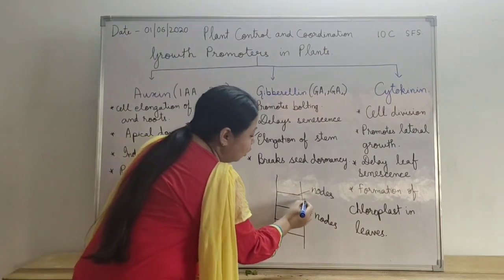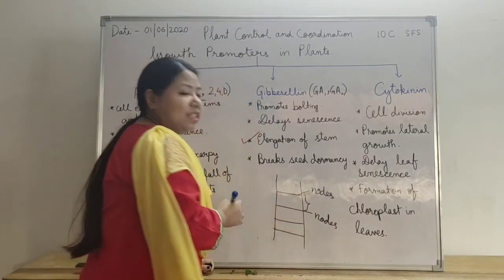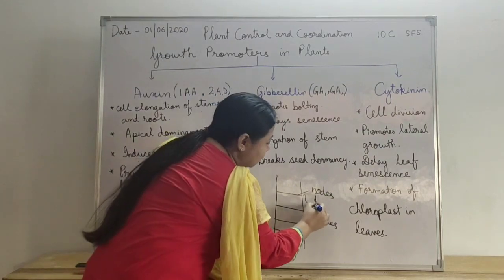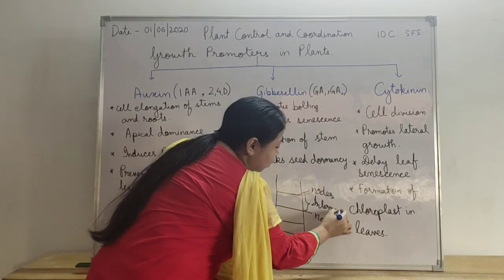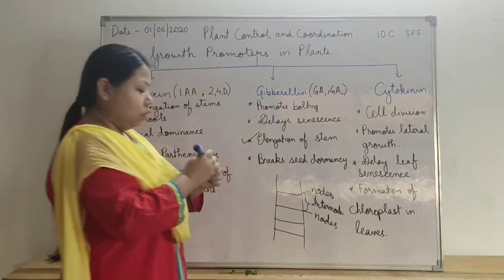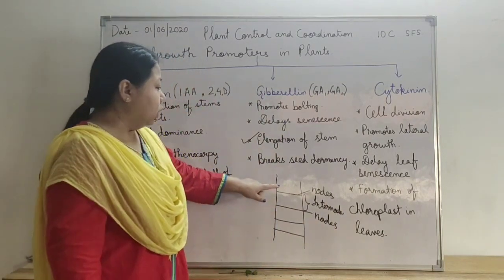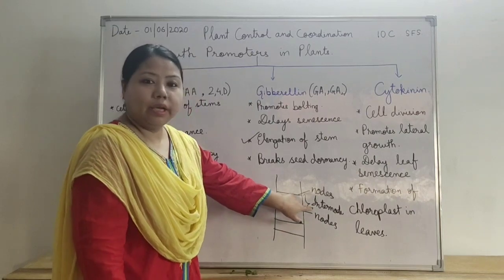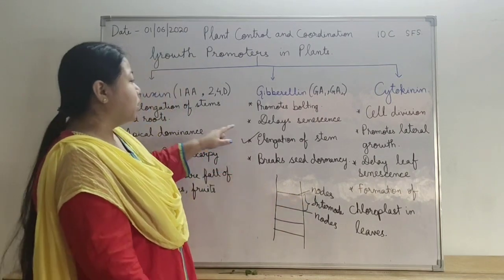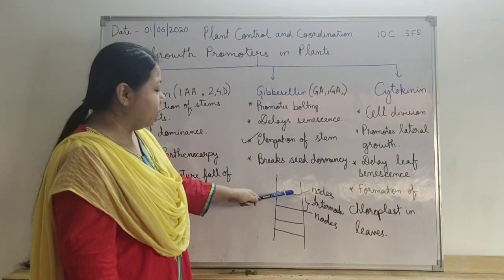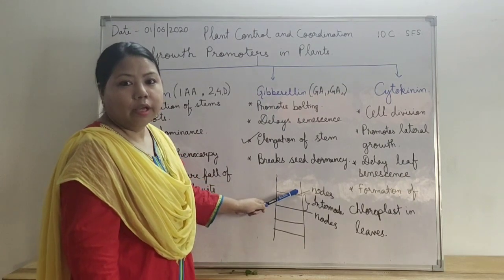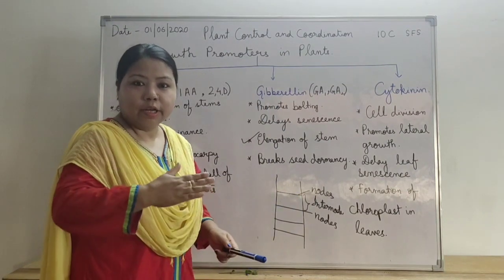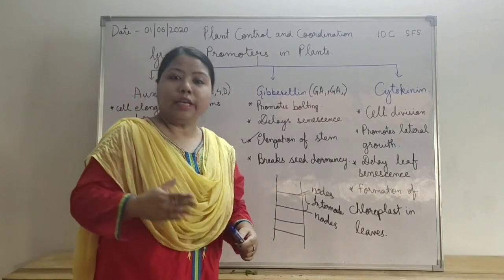Yes, so these points are called nodes, and the part which is in between the two nodes is called internode. Fine. So the part which is between two nodes is called the internode, and gibberellin helps in the elongation of the internode, and as a result the plant keeps on elongating.